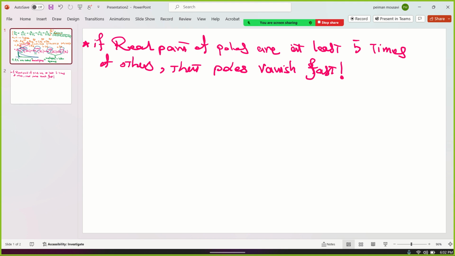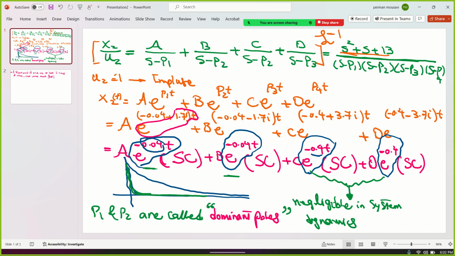And I showed you by high school mathematics. See, this is 10 times, not even 5 times, 10 times of them. You got it, everybody? Real part of the poles.